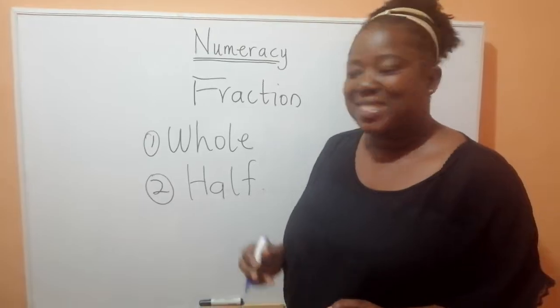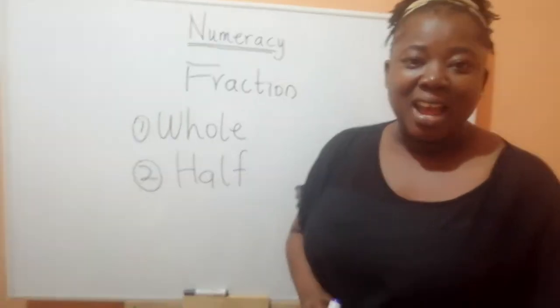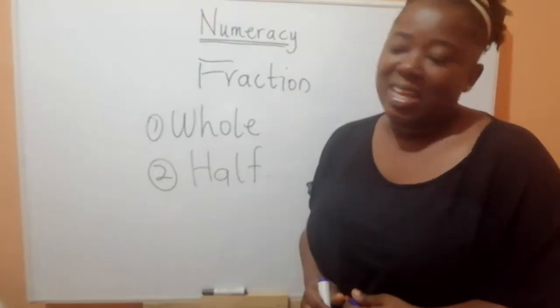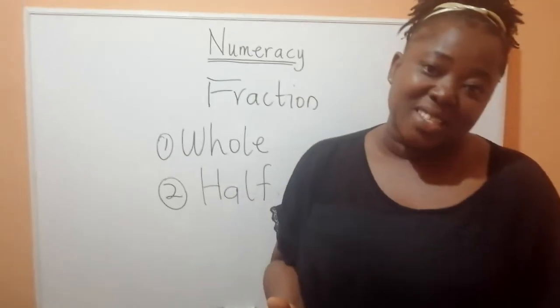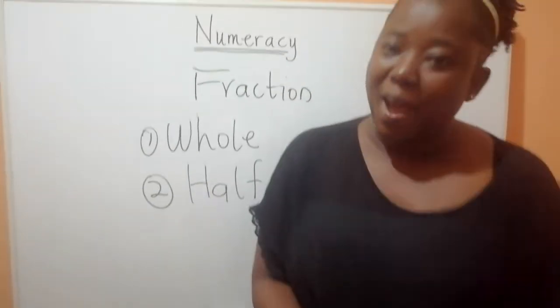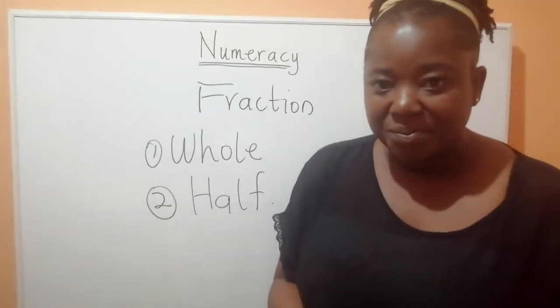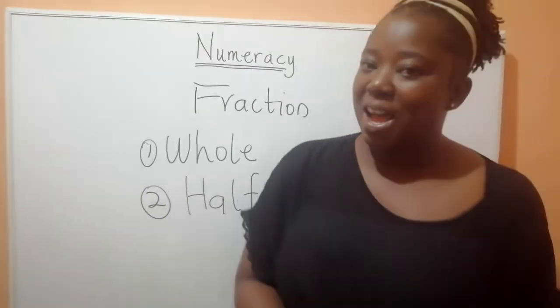Now let's go back to our board so that you see how we write it. Yes, now back to our board. I said early on that we have numbers to represent a whole and half. Okay? A whole and half.